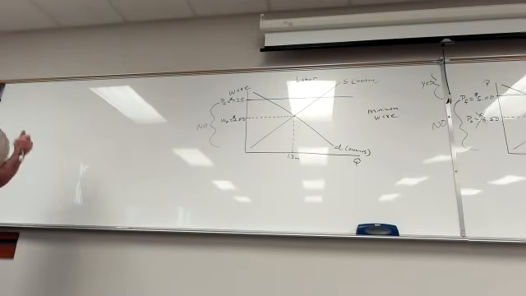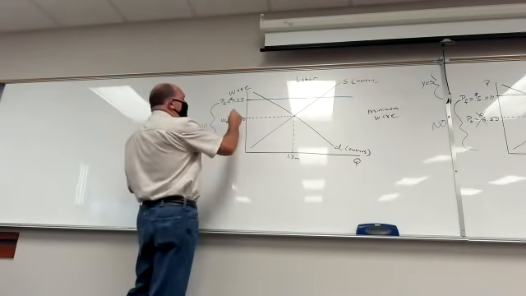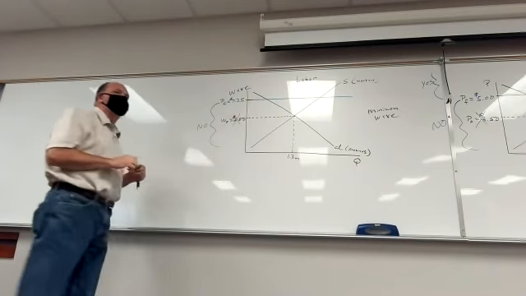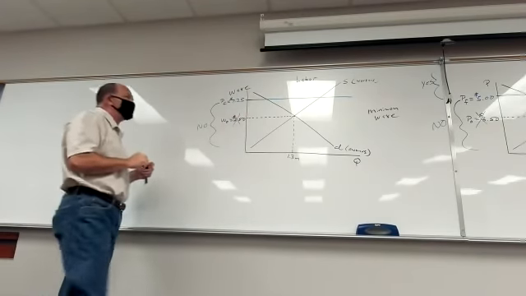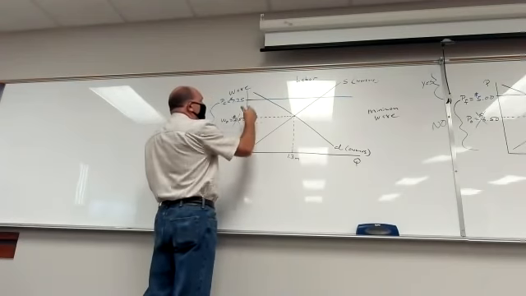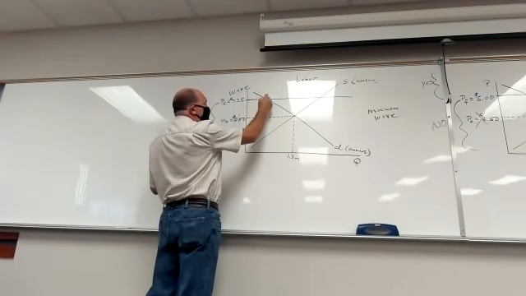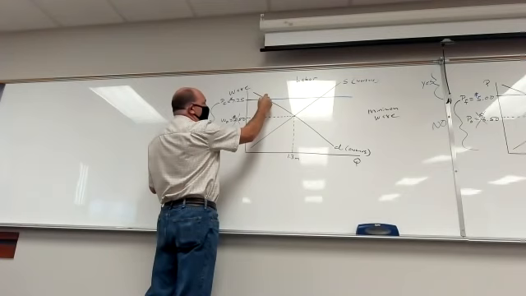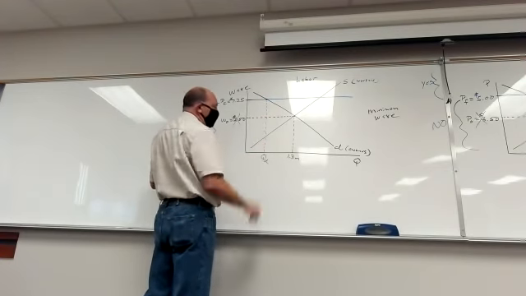But nothing less than $7.25 is legal in this market. So that means the wage of $2.50 is illegal, and that bumps the wage up to $7.25. So at $7.25, if you follow this line across where it strikes the demand curve, here is your quantity demanded of labor.